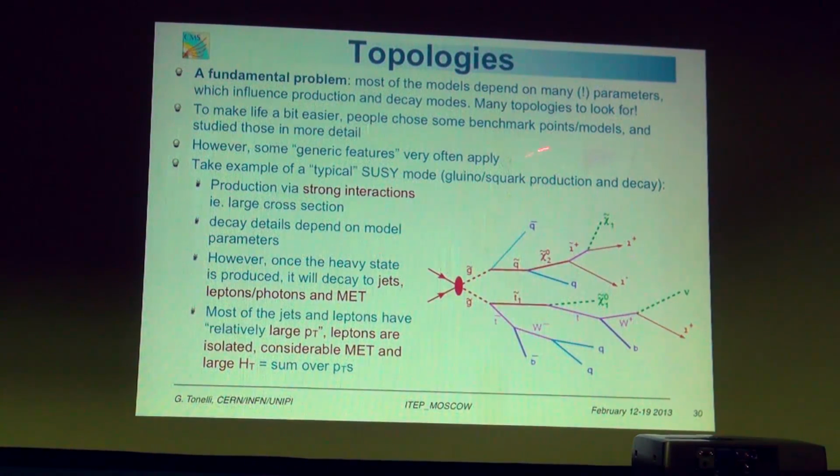So in this decay chain you always find basic ingredients: many jets, large missing ET, and the presence of leptons or photons if you decide to explore, let's say, smaller branching ratios in which leptons are produced, for example due to the decay of the W.